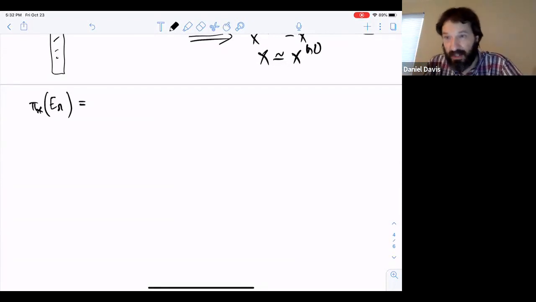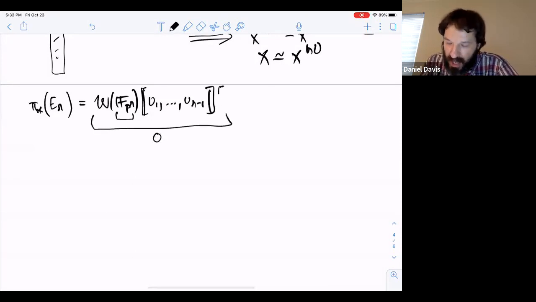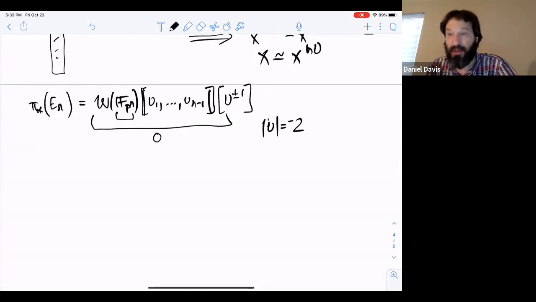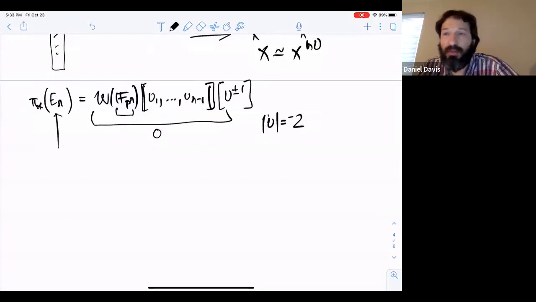It turns out the stable homotopy groups here are the Witt vectors of the field with p^n elements, and then a completed power series ring in n-1 variables. This is all in degree 0. And then we add an element u, which has degree -2. These are the stable homotopy groups of what's called the Lubin-Tate spectrum.